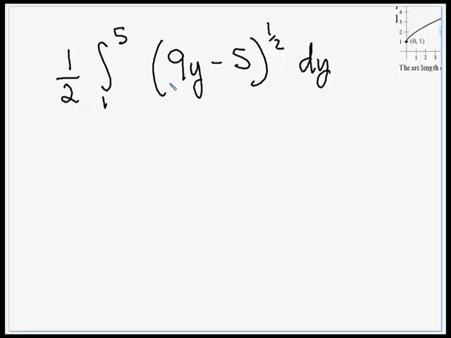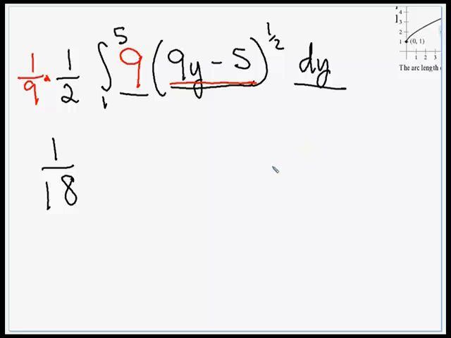So think inner function. Here is the inner function 9y minus 5. What is the derivative of the inner function? Well, that's going to be a 9. So I'm going to need to multiply by a 9 to get my du. And to balance that, I will need a 1/9 out front with the 1/2. So here out front we are going to have a 1/18. And now we're ready to integrate. We have our inner function u, we have our du, 9 dy, and our exponent is 1/2.